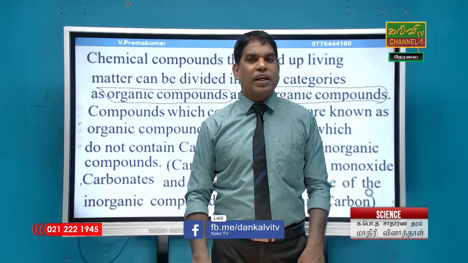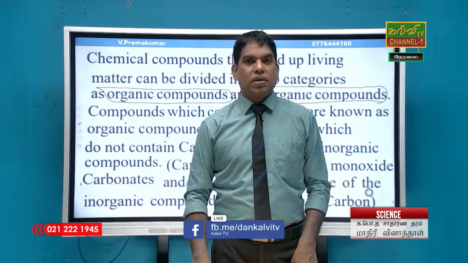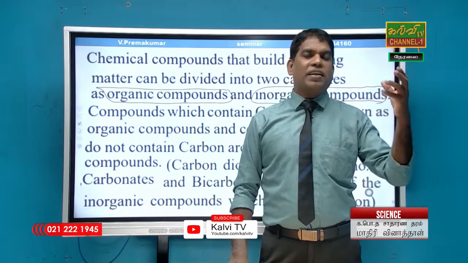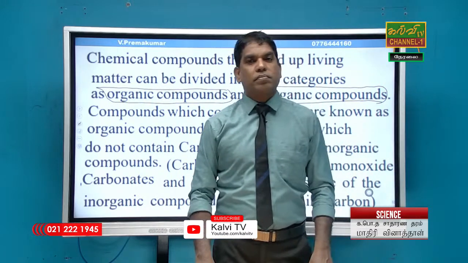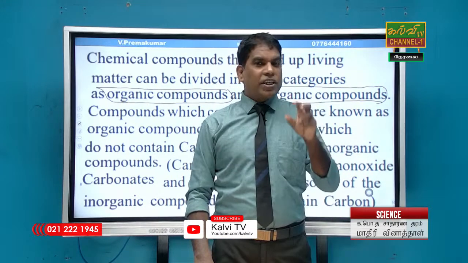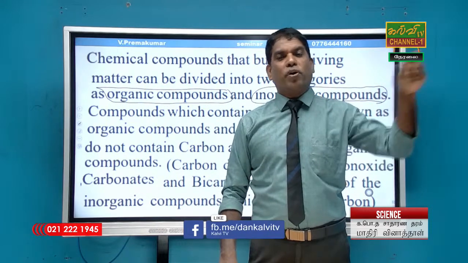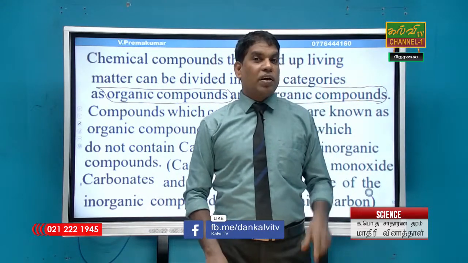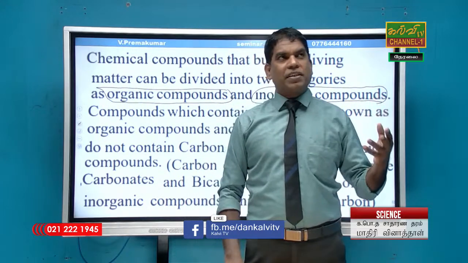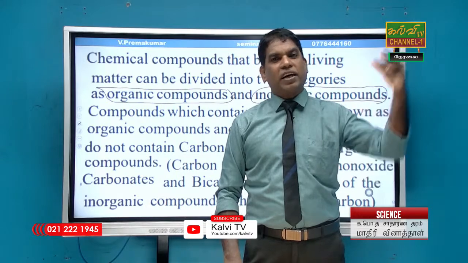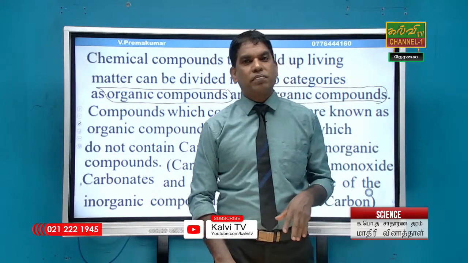Organic farming is becoming famous nowadays. Organic means the substance mainly contains carbon, but some kinds of chemicals are exceptions to this definition, because organic substances are those which contain more carbon.